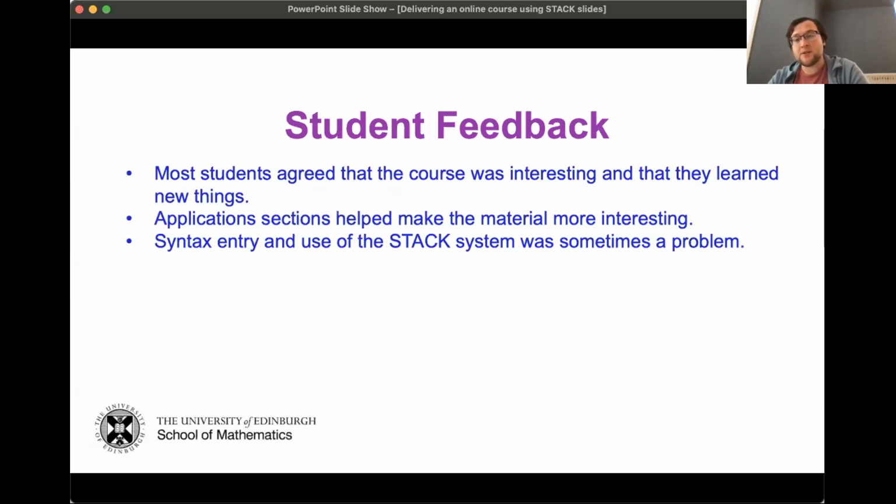So they were familiar with how to do that in the system. And they still said that syntax entry was a problem. So I'm not 100% sure how to solve this. I've also given them sheets and advice on how to enter things into the system, but they still say that in some cases they find it difficult. So if anyone has any ideas of how to solve that, I'd be very open to suggestions.